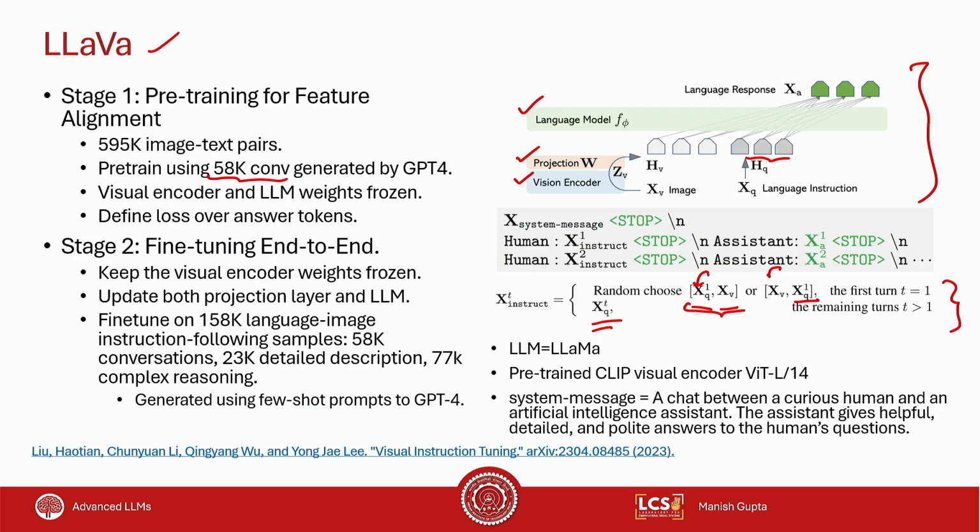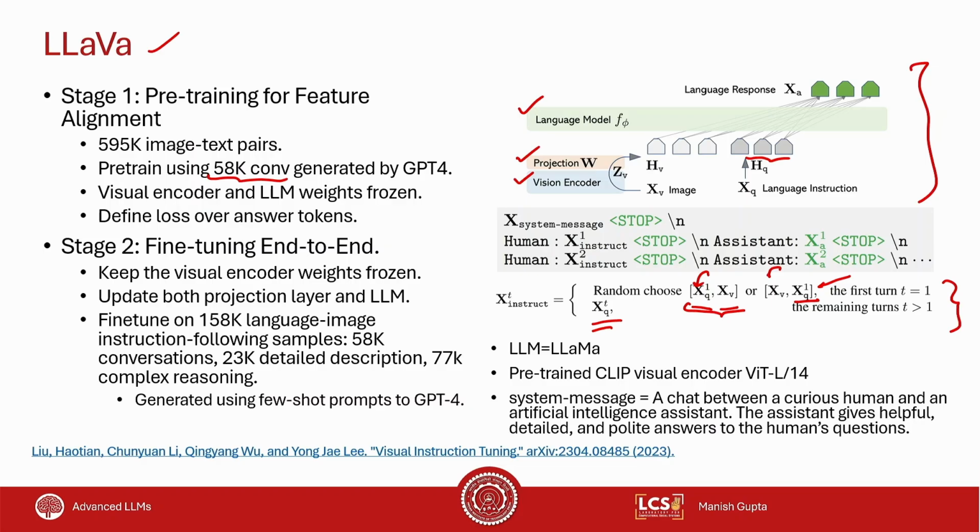Remember, when you're doing conversations, if some part changes while some part is constant, you would want to keep the constant part first, so that you can do KV caching and not recompute the decoding part again and again. But in their case, they randomly chose between both, to ensure the model can also deal with images that come after the first text turn rather than always considering the image first.